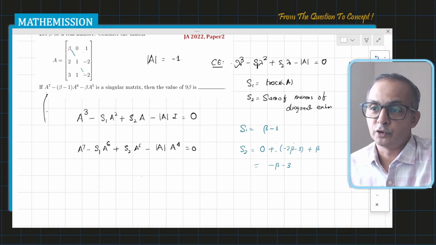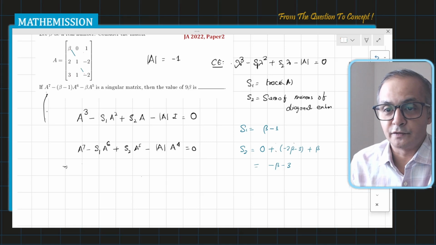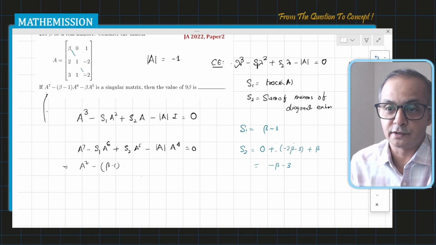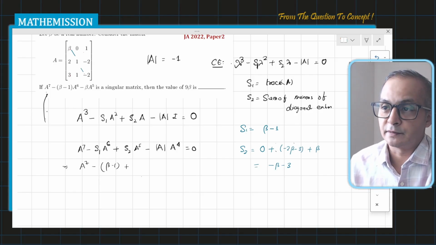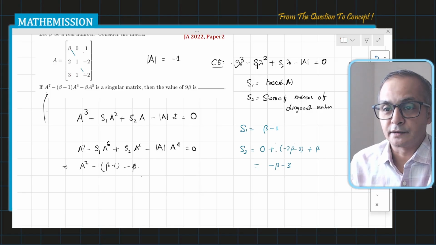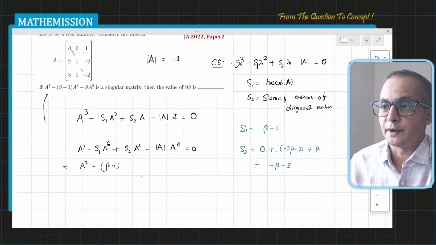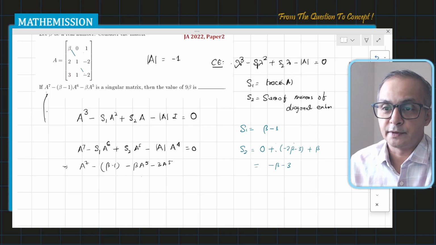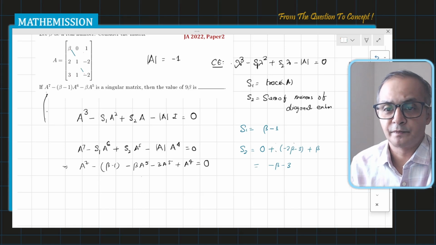Now I'm going to substitute S1 and S2 there, so that will give you a to the power 7. S1 is beta minus 1, so I'm writing beta minus 1. S2 is negative beta minus 3, so negative beta a to the power 5 minus 3 a to the power 5, and the determinant of A is minus 1, so that will become plus a to the power 4 is equal to the null matrix.